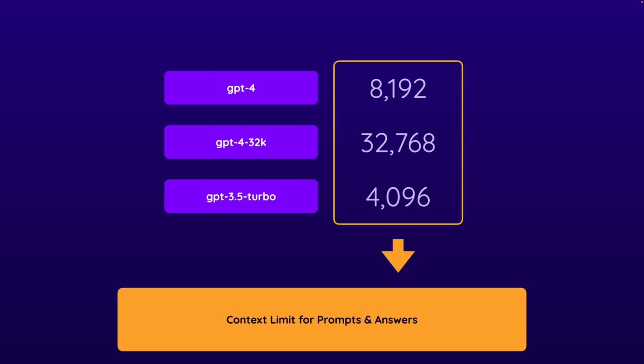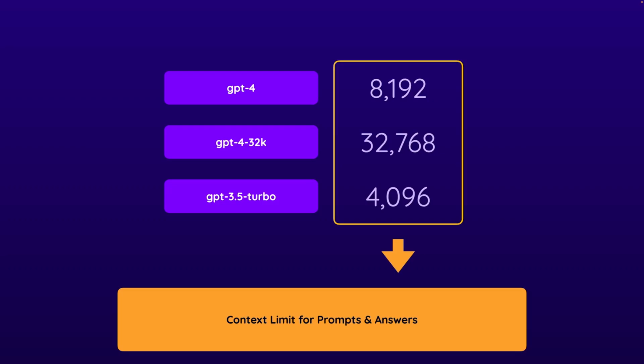So if the conversation started at 0 and now you have 10,000 tokens, the first 2,000 tokens will not be in memory anymore of the GPT model. This limit includes prompts and answers, so ChatGPT will forget, so to say, both earlier prompts and earlier outputs. So this is why you should understand the basics behind tokens.